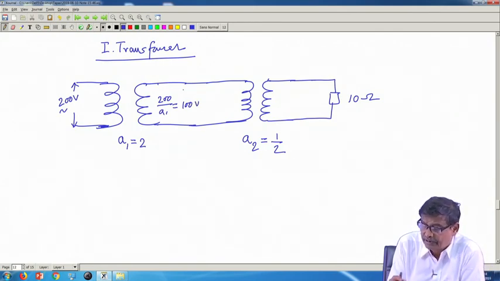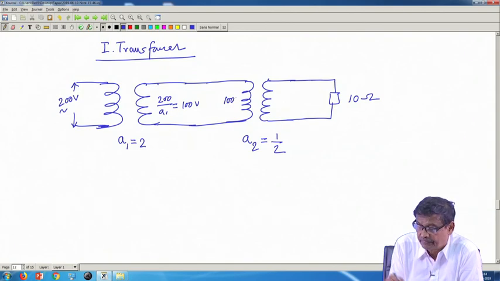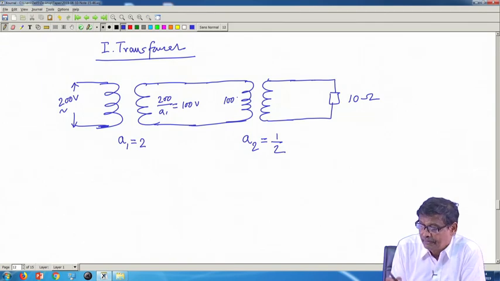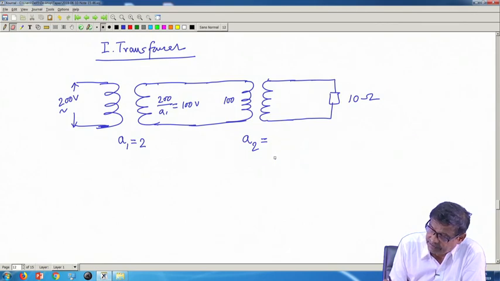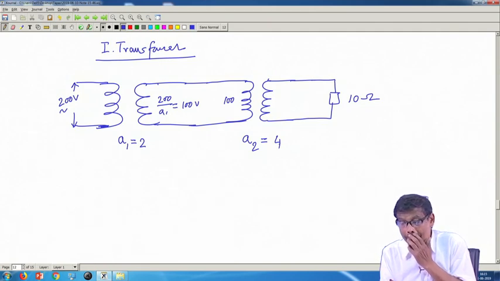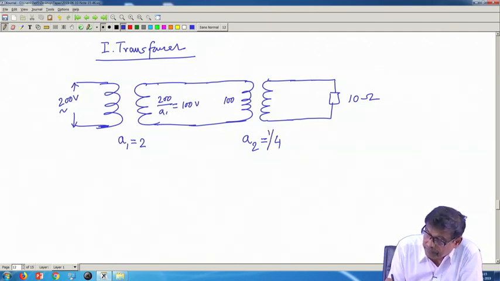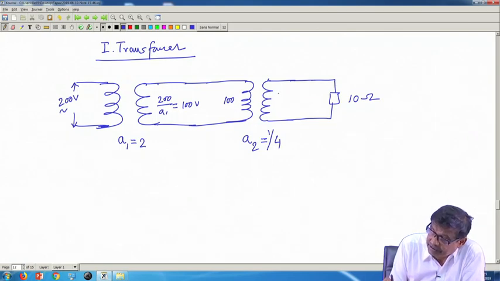So this 100 volt is applied to this transformer, and let us consider this to have a turns ratio of 1 by 4. What will be the voltage here? It will be 100 by A2, that is 1 by 4, so it becomes 400 volt.